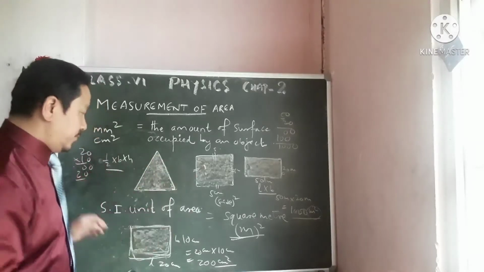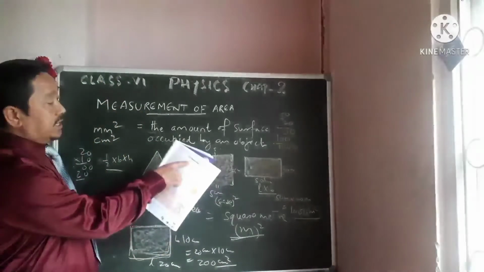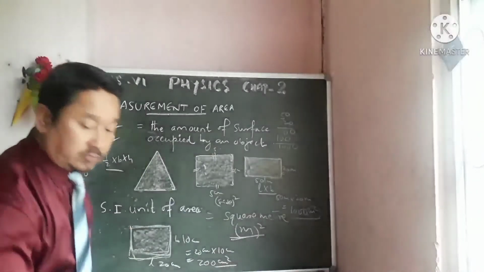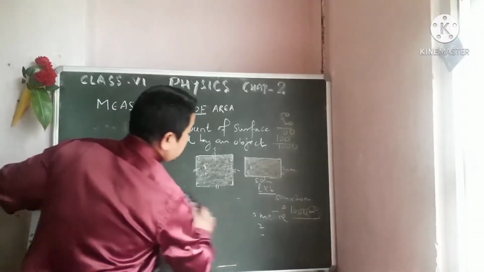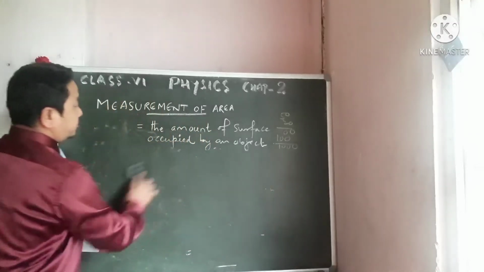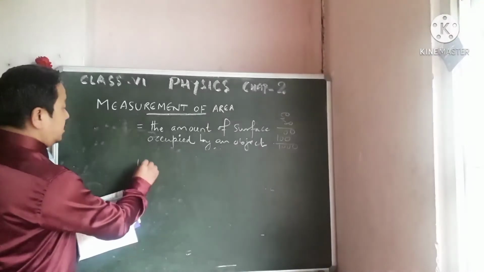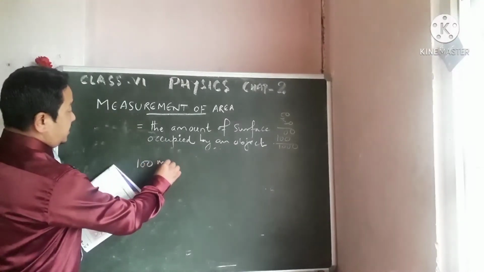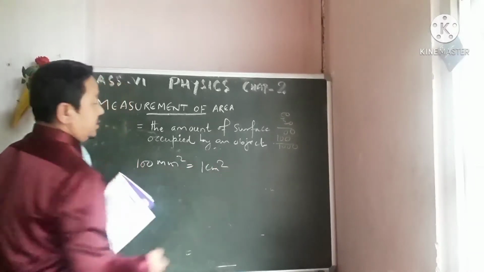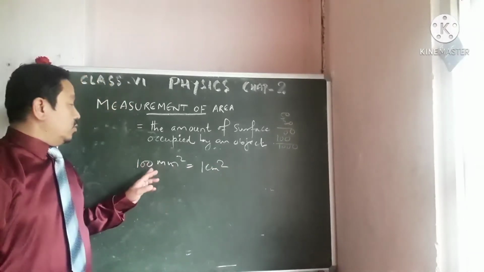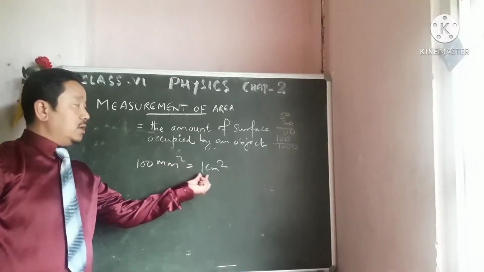So for that, here in the book some relation is given. You can see measures of area. I'll just rub this out once again. Here it is given, measures of area: 100 square millimeter equal 1 square centimeter.